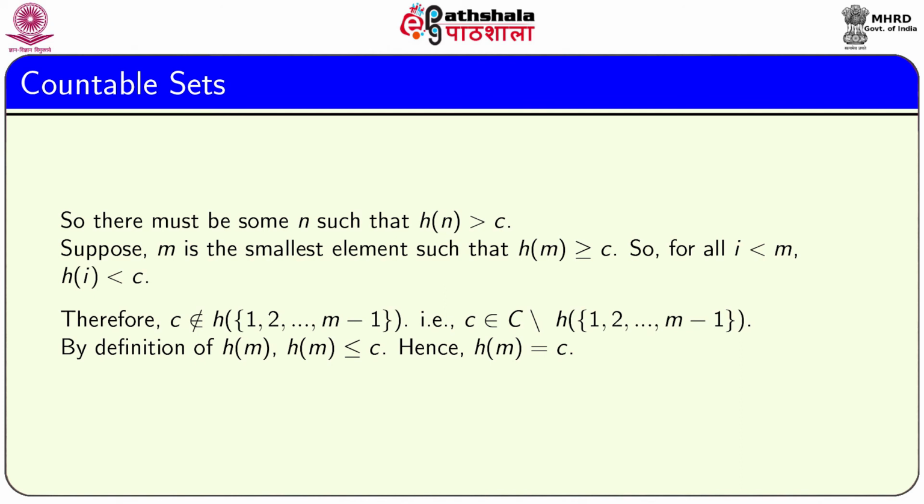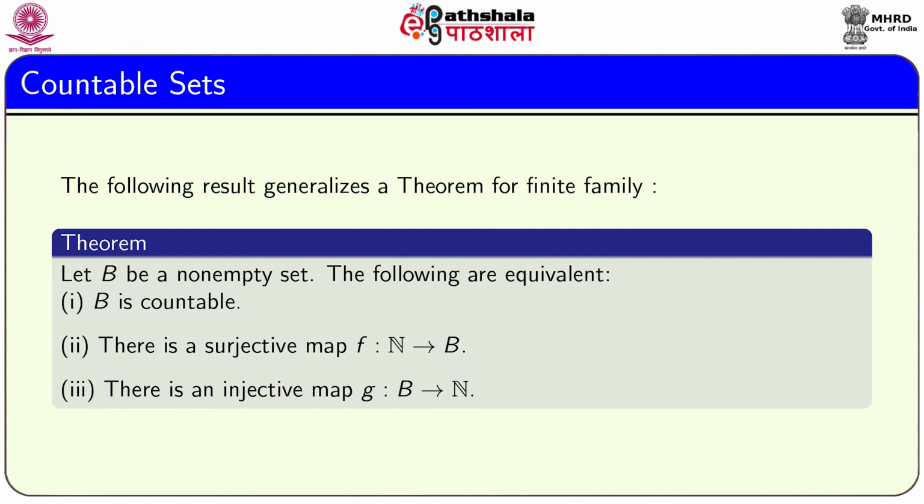By definition of H(m), H(m) must be less than or equal to C, and hence the choice for H(m) is equal to C, proving that the function H is surjective and hence H is bijective.